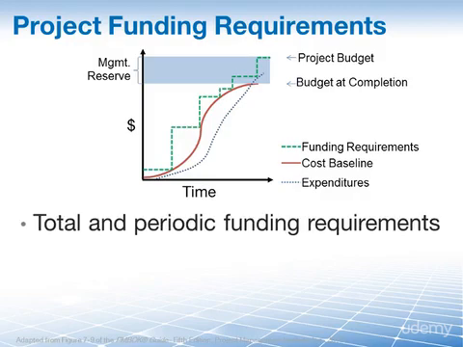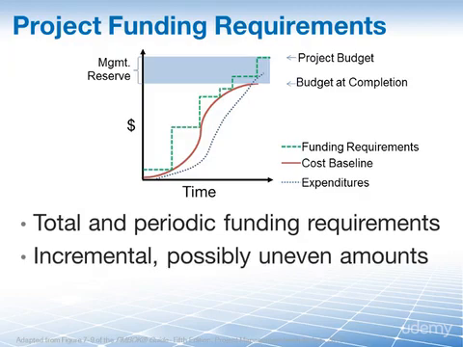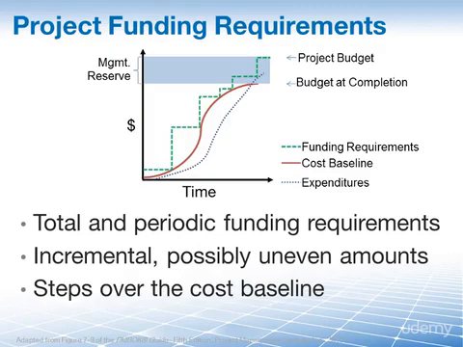Often projects quantify funding requirements as a whole, total funding requirements, as well as on a periodic basis, quarterly or annually. These are usually incremental amounts which may not be evenly distributed over time. Graphically, these are shown as steps over the cost baseline.